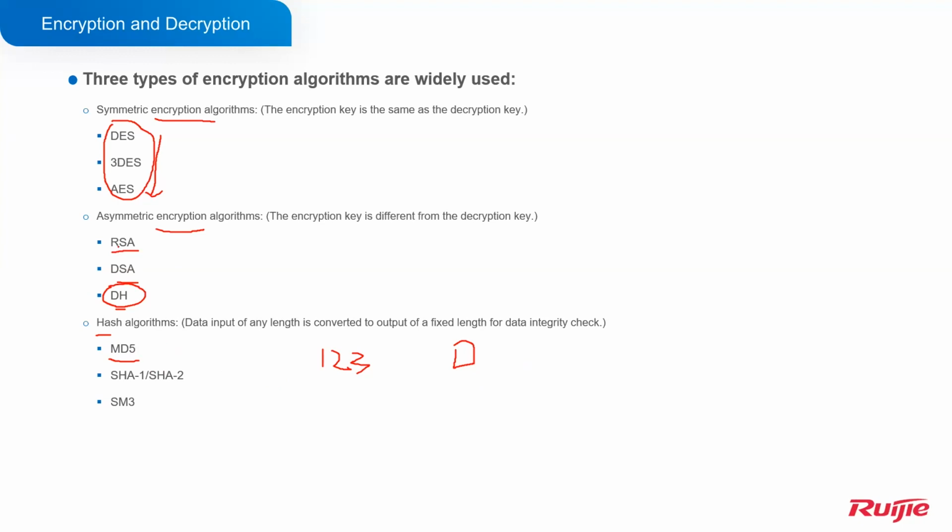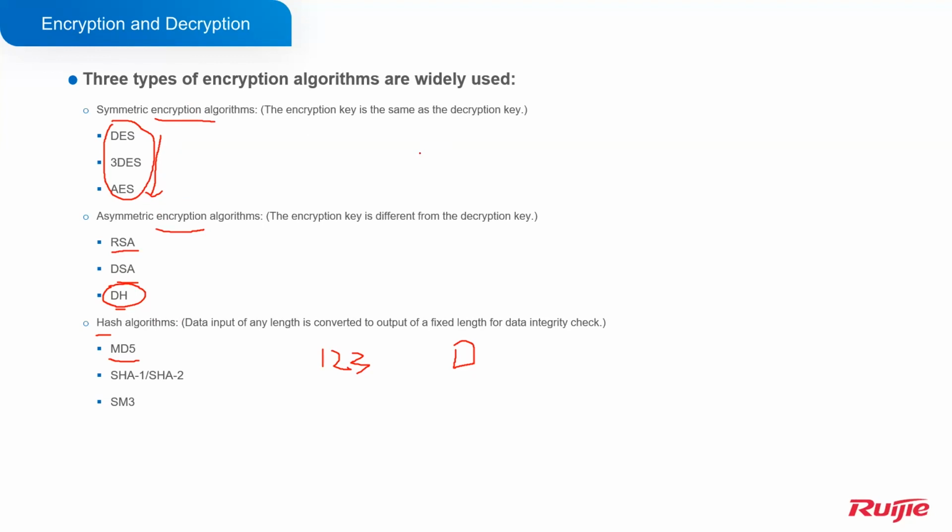So about the algorithm, we can divide two types, one for encryption, one for authentication. And about the encryption algorithm, we can also divide two types, symmetric and asymmetric. Symmetric means the encryption key and the decryption key will be the same. When we send out the message, we use the encryption key to protect our traffic.